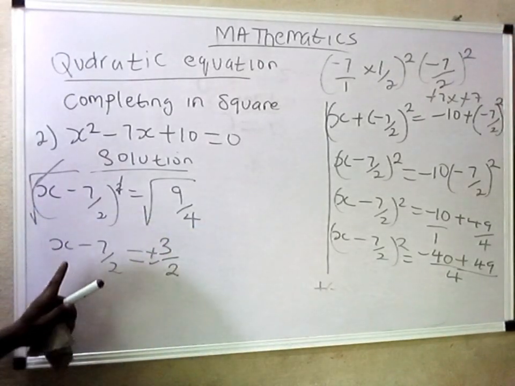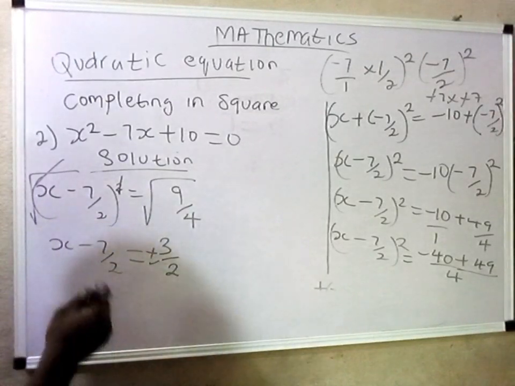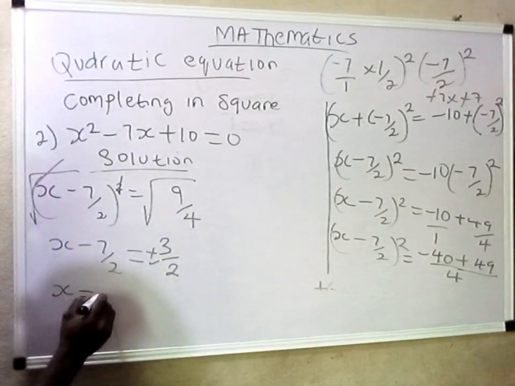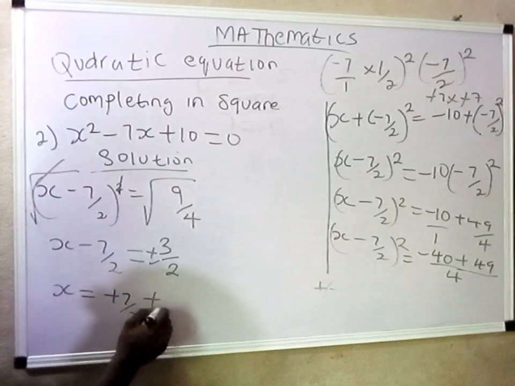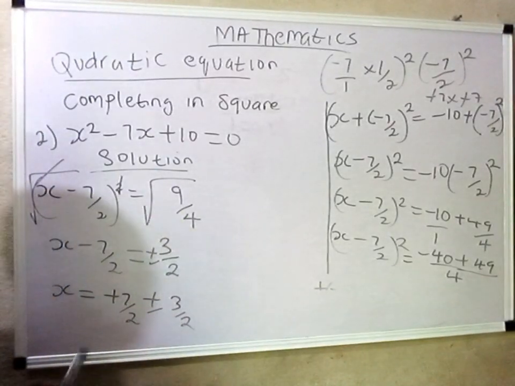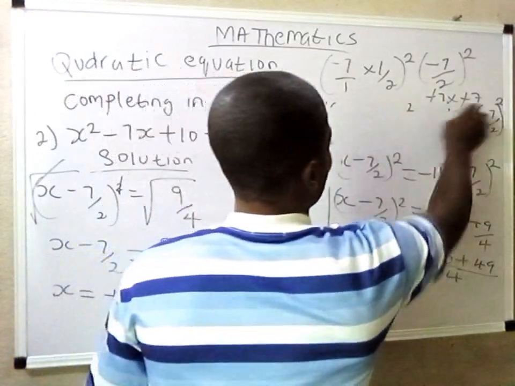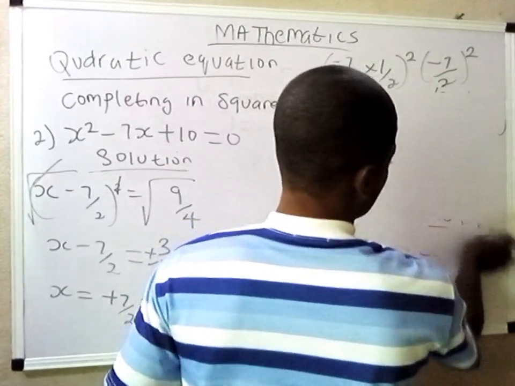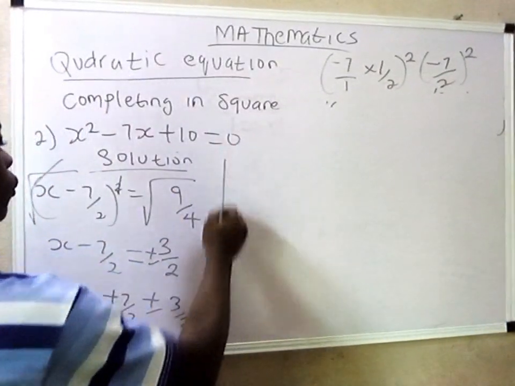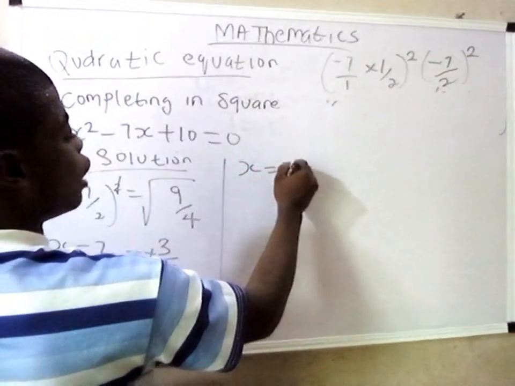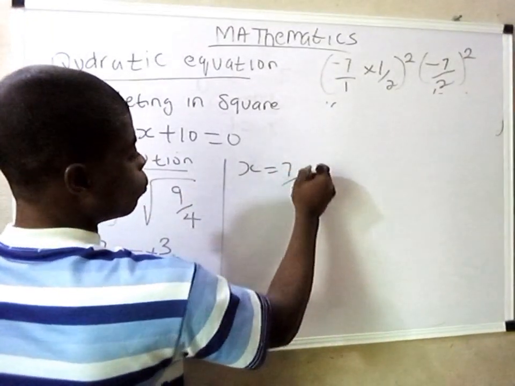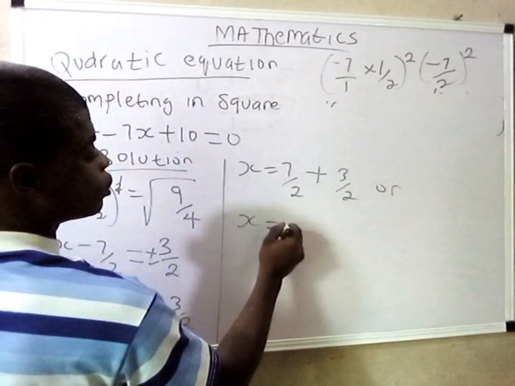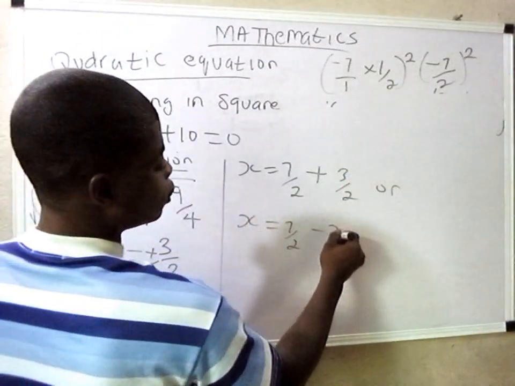So to make the shape of the formula, we take this minus 7 over 2 to this side to be x equals plus 7 over 2 plus minus 3 over 2. So by doing this, we have two possible answers, which are going to be x equals 7 over 2 plus 3 over 2, or x equals 7 over 2 minus 3 over 2.